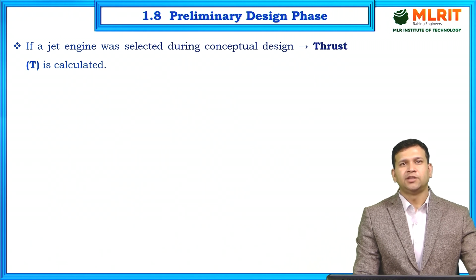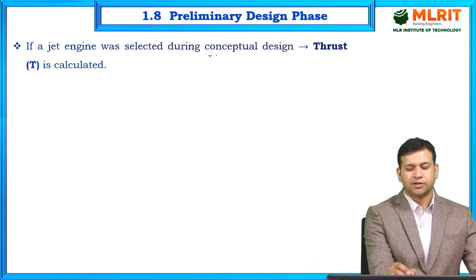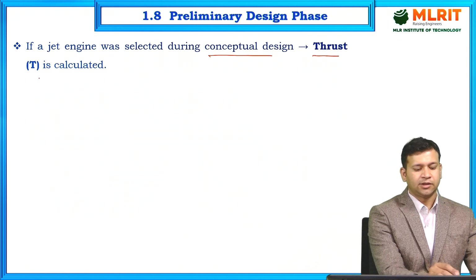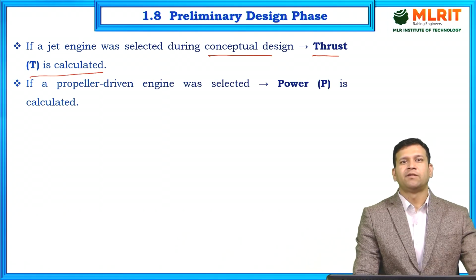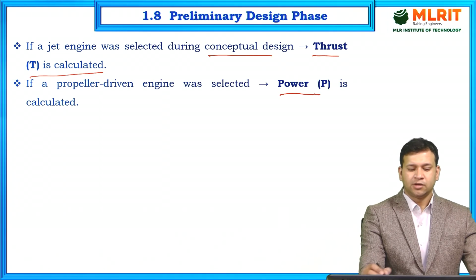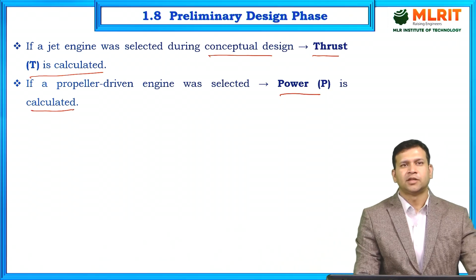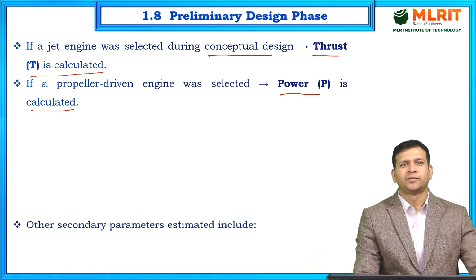If a jet engine was selected during conceptual design, thrust is calculated. If a propeller-driven engine was selected during conceptual design, then power is calculated. There's a difference between thrust and power; the entire calculation changes.